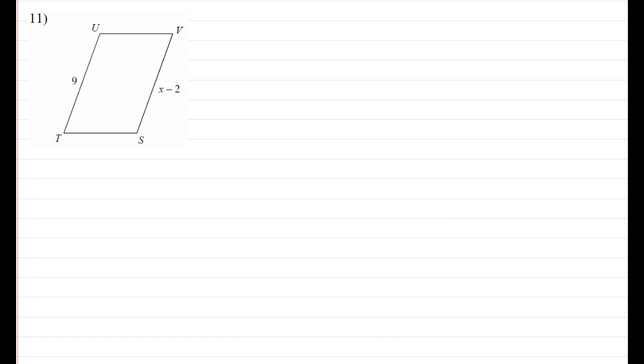Alright, number 11. Pretty straightforward, but one of the things that drives me crazy is that every once in a while I'll have a student write something like 9 plus x minus 2 is equal to 180 degrees.